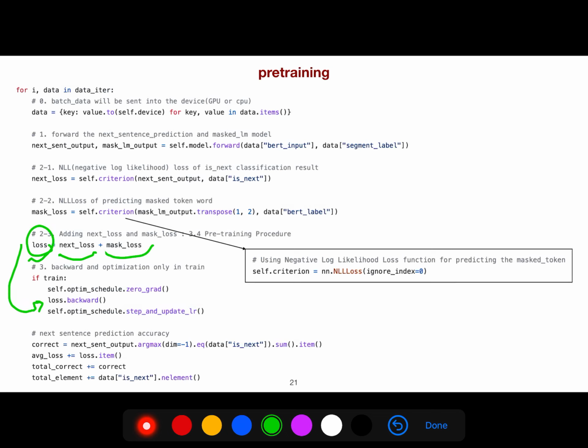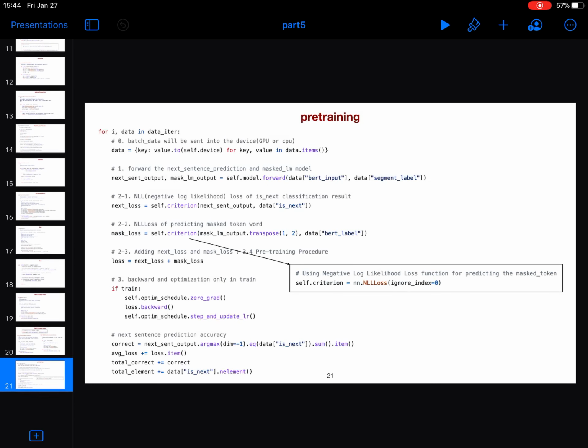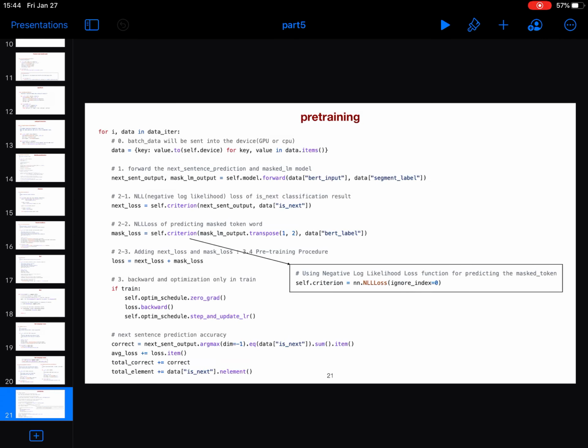For the criterion, we use the negative log likelihood loss function. And what else should you know? I think that's it. You have implemented BERT in PyTorch from scratch. So it's very easy if you implement it from scratch. But in the next lecture, we will talk about how to use a transformer library.